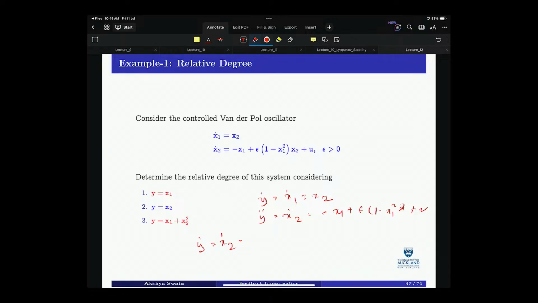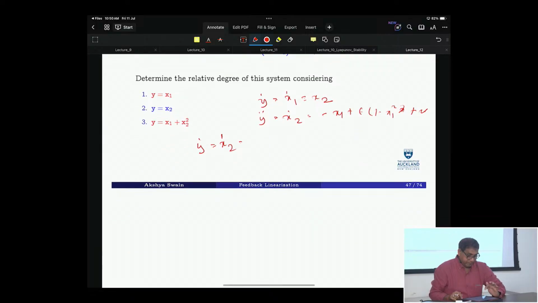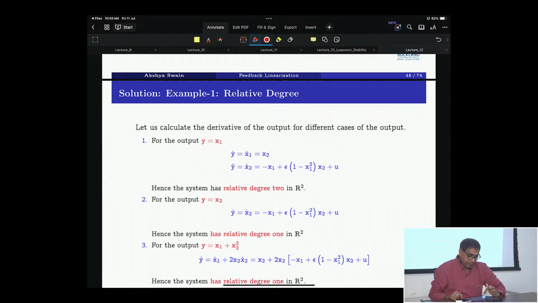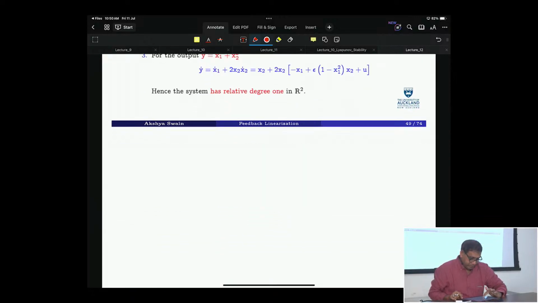If the output is X2, the relative degree is 1, in this system, right? So relative degree depends on which one is your output. And the output is a function of state X, Hx. Not necessarily.